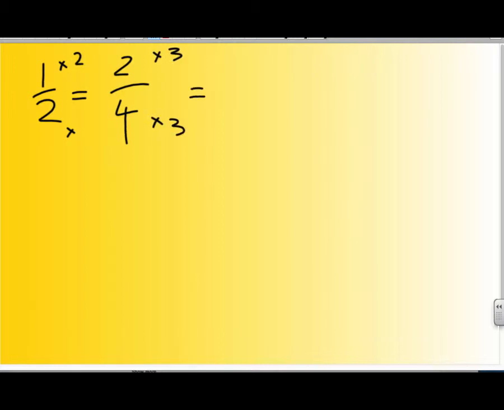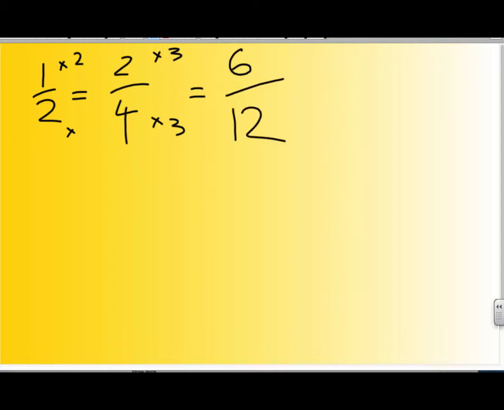But just before we do that, one thing that's worth doing: you can just keep on making equivalent fractions forever. So a half times 2 equals 2 over 4. You can times the 2 by 3, and you've got to times the 4 by 3 as well. Equals 6 over 12.